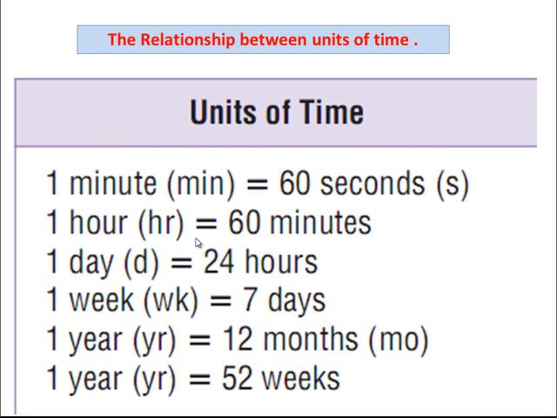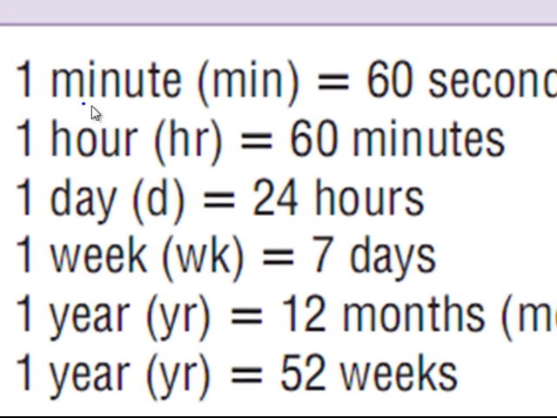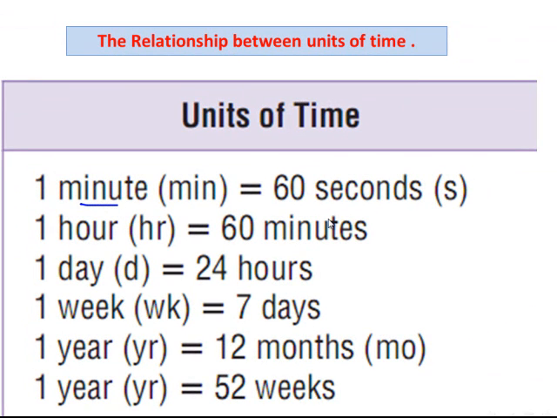Let's know them. The relationship between units of time in this table. As you see, 1 minute equals 60 seconds. So how many seconds in 1 minute? Great, 60. The second relation between hour and minutes: in 1 hour there are 60 minutes.